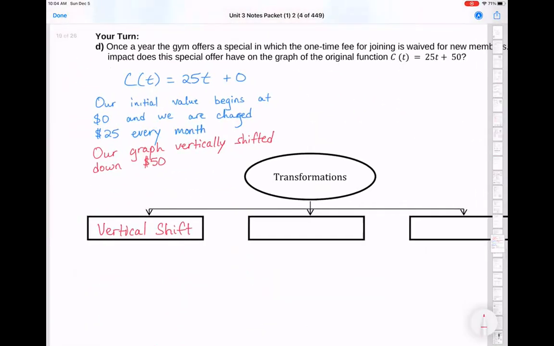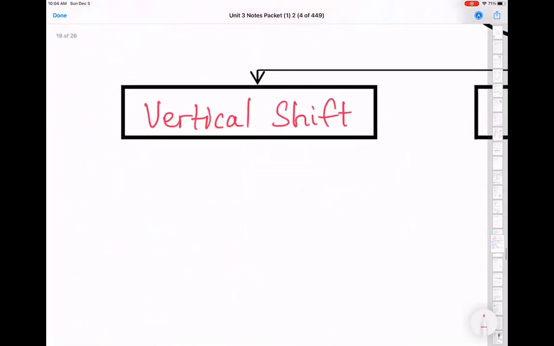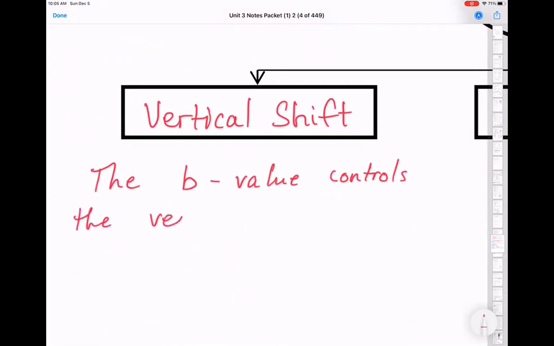So depending on your shift, your B value controls the vertical shift. And we saw in the previous definitions, B increased, the shift went up. If B decreased, then it went down. Okay. But one of the 3 main ones is that vertical shift, and B is what controls that.